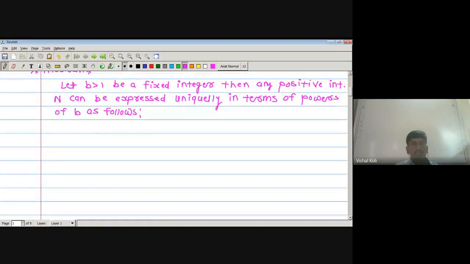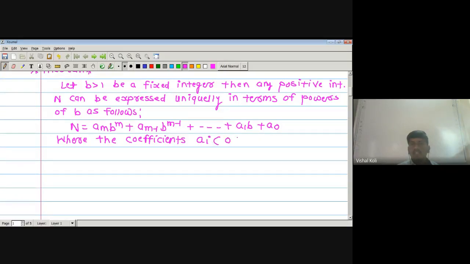That is, N is nothing but a_m b raised to m plus a_(m-1) b to the power m minus 1 plus, and so on, plus a_1 b plus a_0, where the coefficients a_i, whenever i lies between 0 and m, can take b different values: 0, 1, 2 and so on up to b minus 1.